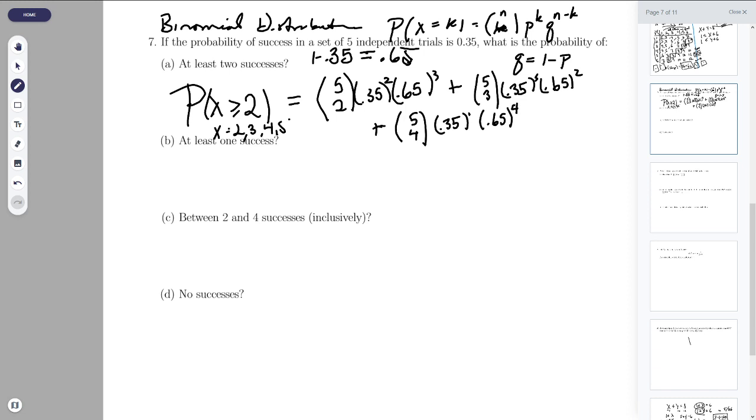Wait, no, backwards: 0.35 to the fourth power, 0.65 to the first power. Plus 5 choose 5, 0.35 to the fifth power, and technically there's a 0.65 to the 0, but that's just equal to 1. So that is how to calculate that.